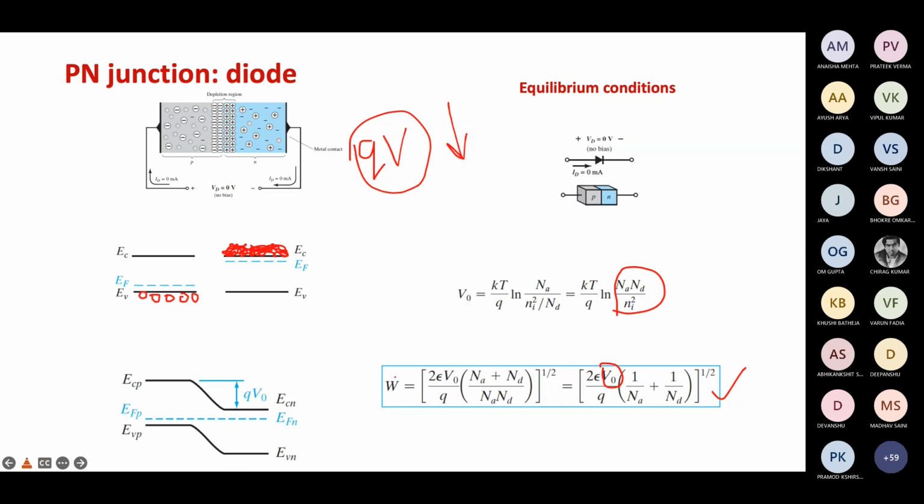Okay, so instead of going up, now the bands come down. Sir, the hill goes down in the case of forward bias? Yes. So the hill height is reduced in forward bias, and in reverse bias, this hill is increased even further.